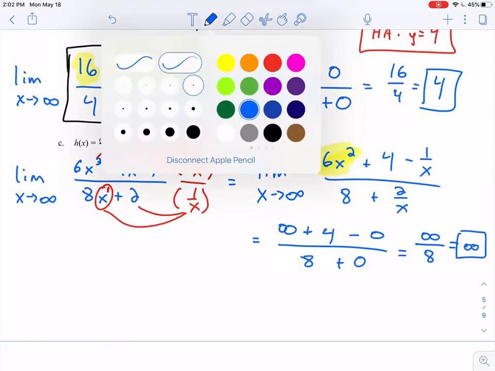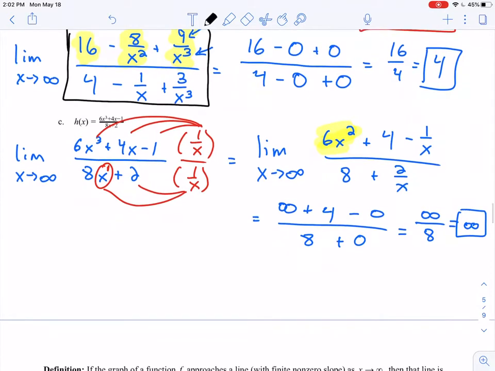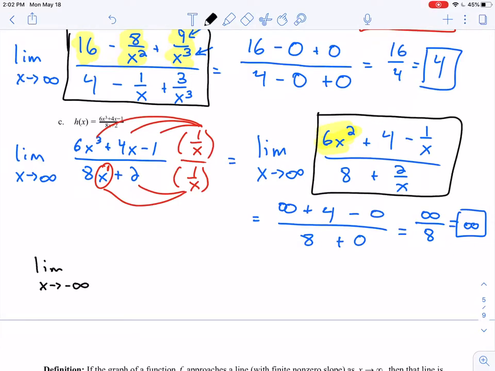And then again, I can do the left-hand end behavior fairly quickly based off of this. So here, limit as x approaches negative infinity here. Once again, I'm going to use this form that's a lot easier for us to work with.